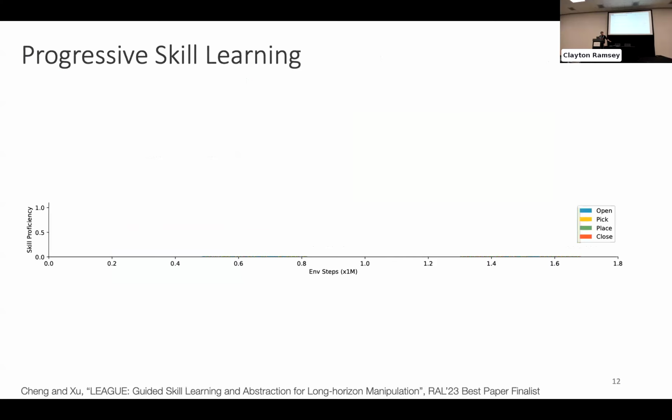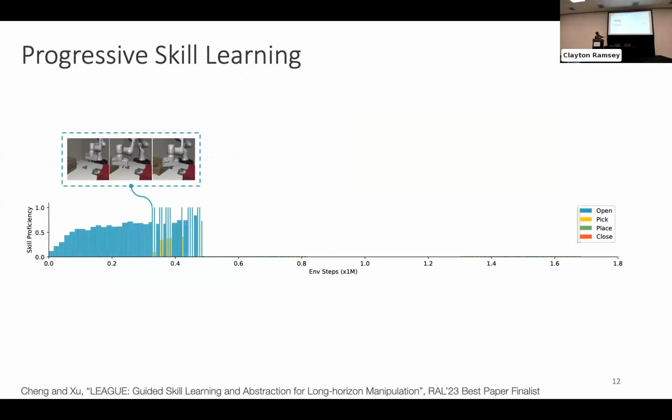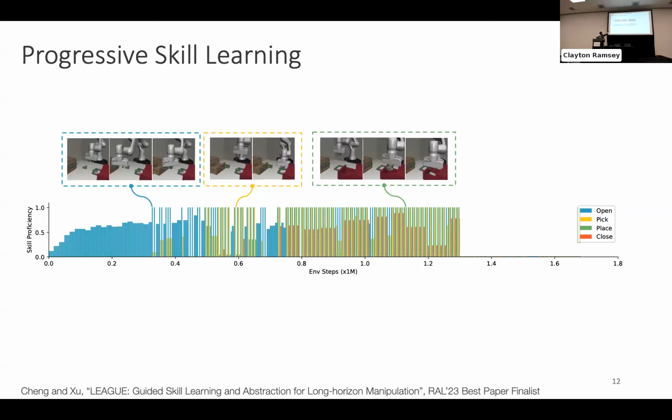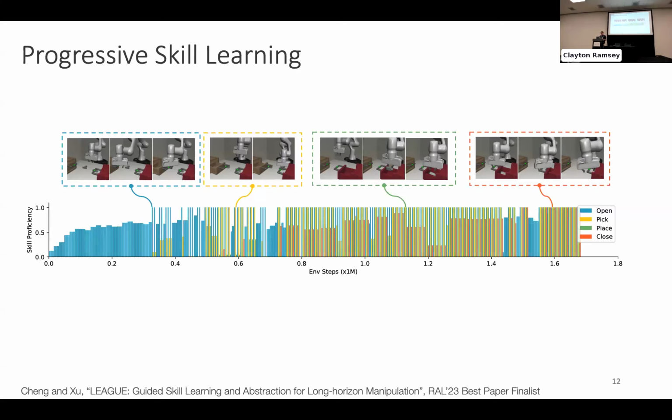And you see that during the learning process, in the beginning, it starts to learn the opening skill, the blue bars. Then it starts to learn more pick and place once it masters the open skills, and eventually more close skills get learned for the next stage of tasks, right? So that's really the general idea here.